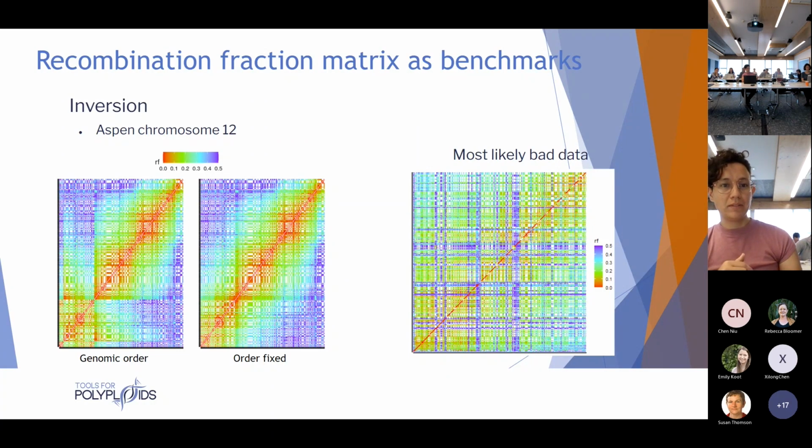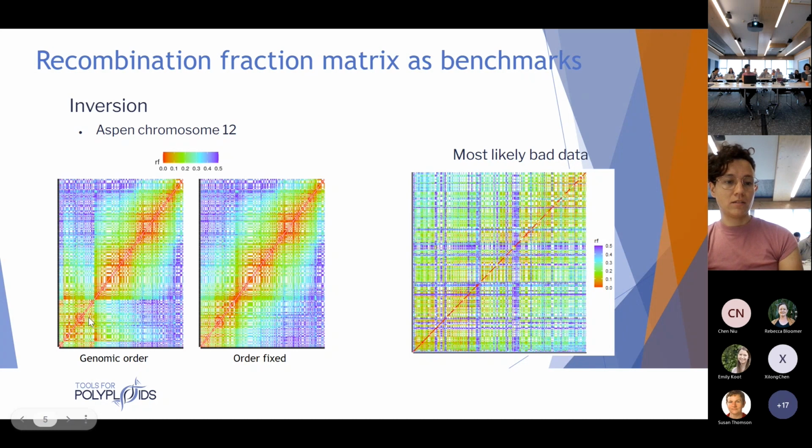That's the increasing recombination fraction between them. But sometimes we see incongruence between the genomic order and the order made by recombination fraction. In this other graph on the left, you have a break in this pattern, so something is wrong.